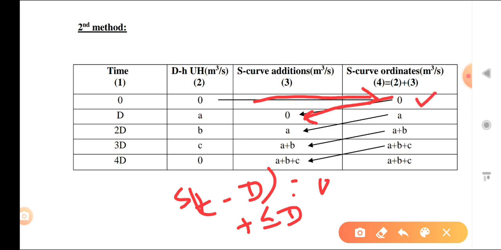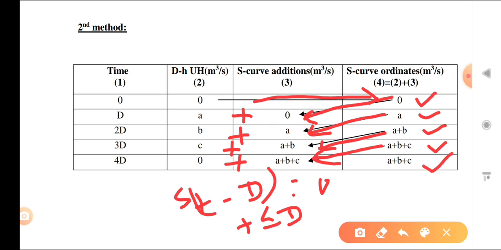Now a plus 0 is a. That a goes just below, so next b plus a is equal to a plus b. Now that a plus b goes down, and the S curve coordinate will be c plus a plus b, which is a plus b plus c. And next, that a plus b plus c goes down, so 0 plus a plus b plus c is a plus b plus c.